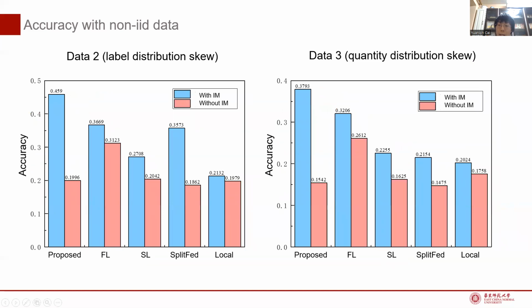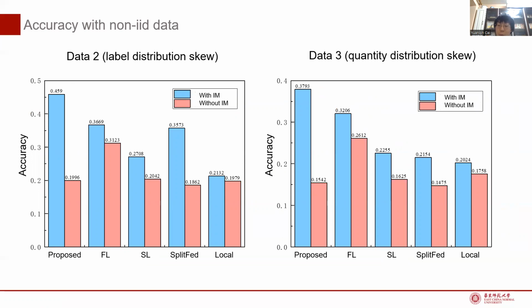We also conduct an ablation experiment on the incentive mechanism. It is obvious from the two leftmost blue columns that our proposed algorithm has the highest accuracy, and all the blue ones are higher than the red ones beside them, indicating that our incentive mechanism improves all the algorithms.